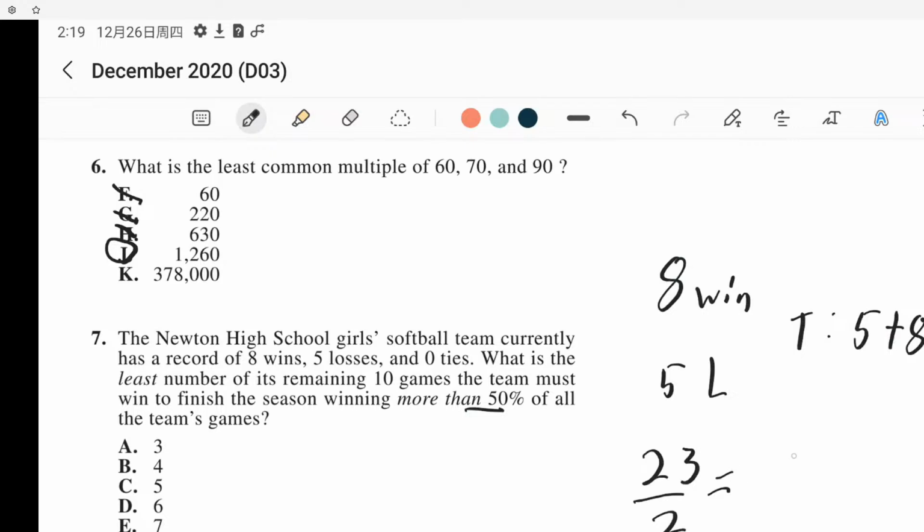Therefore, we consider 22 over 2, which means that we need at least 12 wins. We need at least 12 wins for this game. So we see that we already have 8 wins. Therefore, we need 4 more wins.